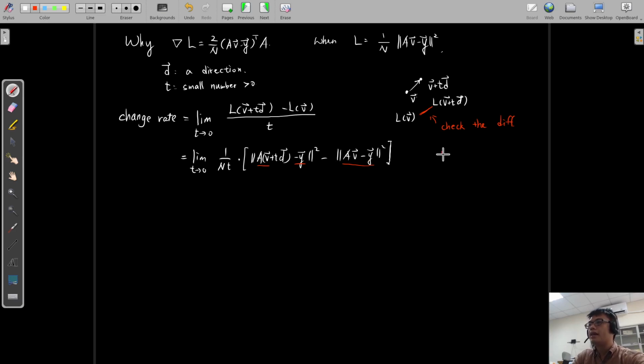So let's set the vector u as Av minus y. So this quantity will become the same thing we had before, and this one will become, well, let me do the calculation first.